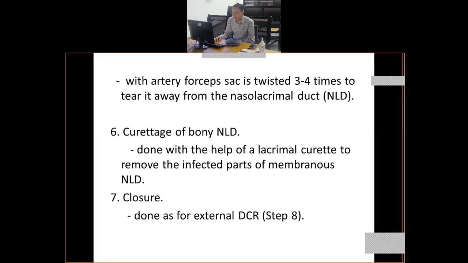Then with artery forceps, the sac is twisted 3 to 4 times to tear it away from the nasolacrimal duct. Then curettage of the bony nasolacrimal duct is done to remove the infected part of the membranous nasolacrimal duct. Then closure of the wound.